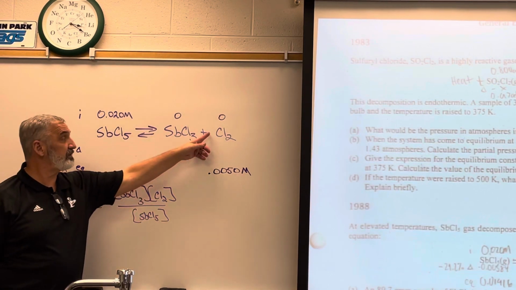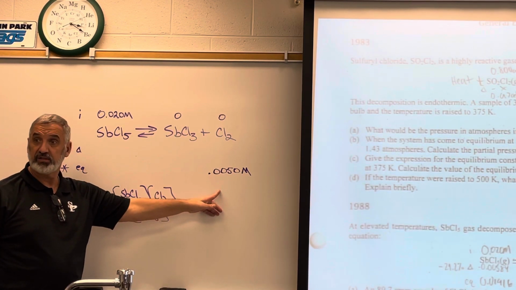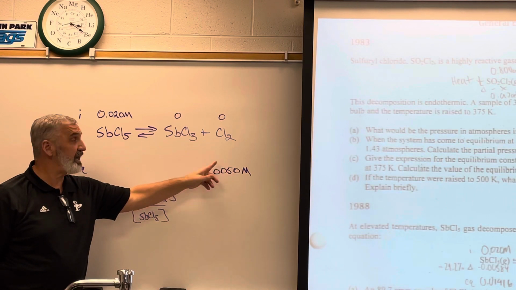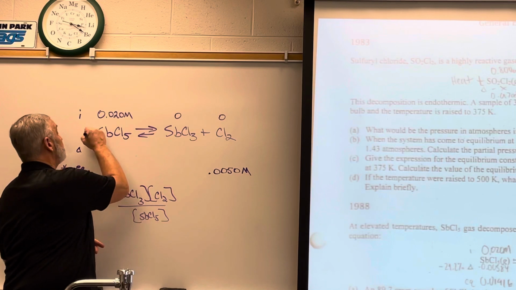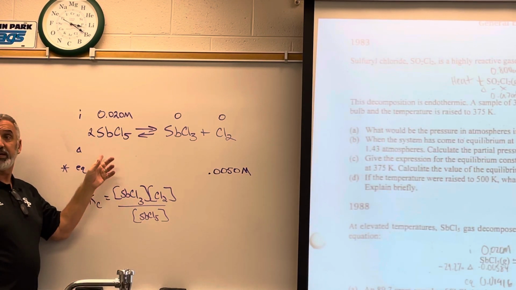Well, if I started at 0, what must have been my change? 0.005. So it's got to be plus that, minus that amount. And remember, if this was a 2, it's going to be minus 2 times that amount.